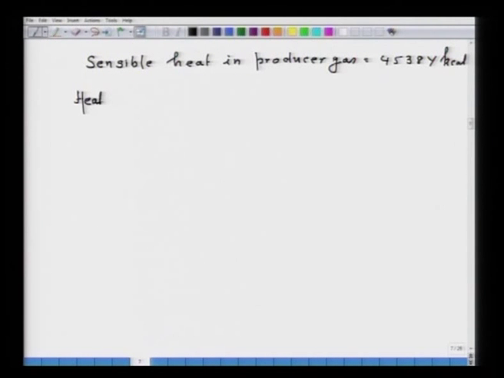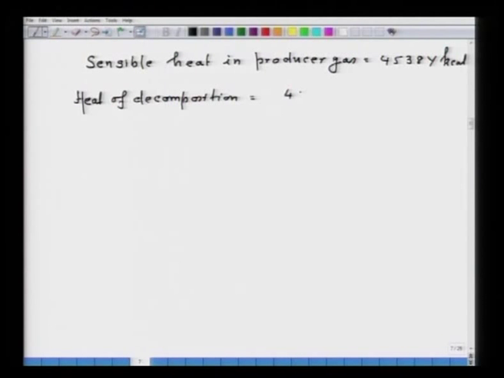Now, heat of decomposition of calcium carbonate, you have to calculate from the value CaCO3 to CaO plus CO2, product minus reactant and so on, that I have already illustrated in my thermochemistry lecture. So, that will be equal to 427500 kilocalorie. Mind you, this is an endothermic reaction, this is not exothermic.